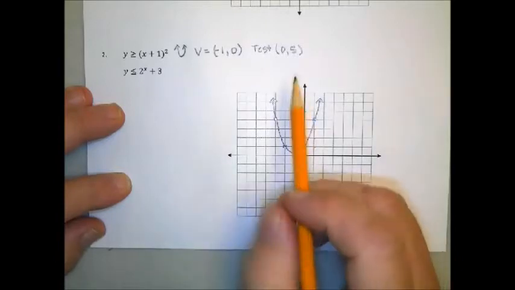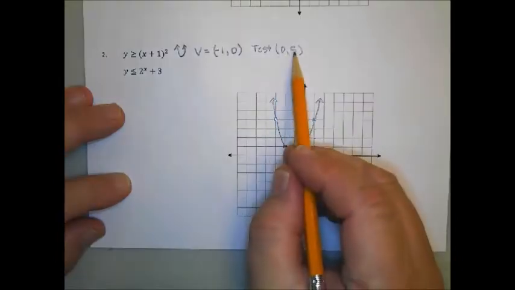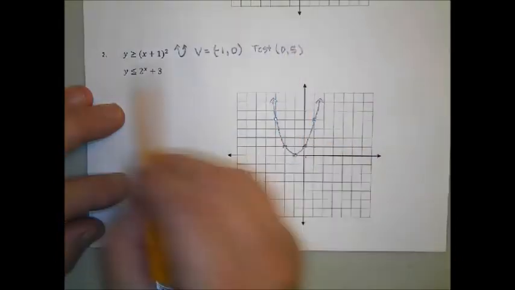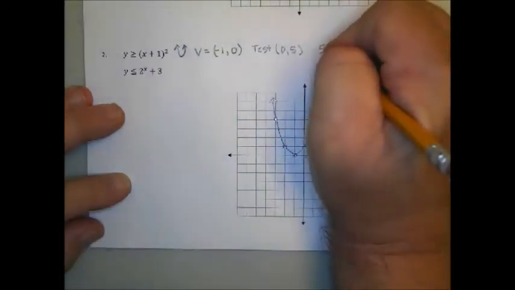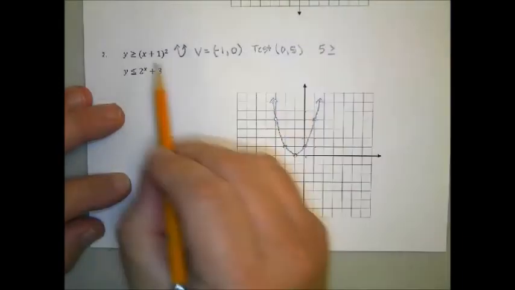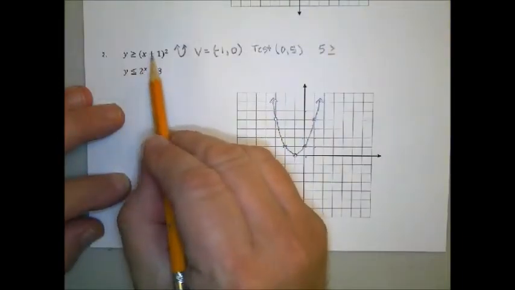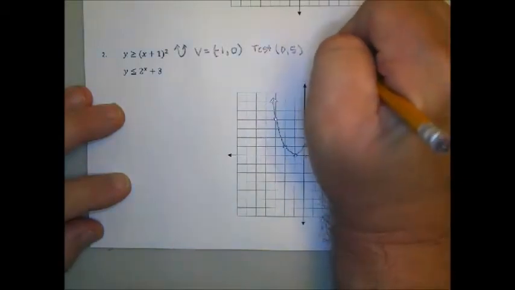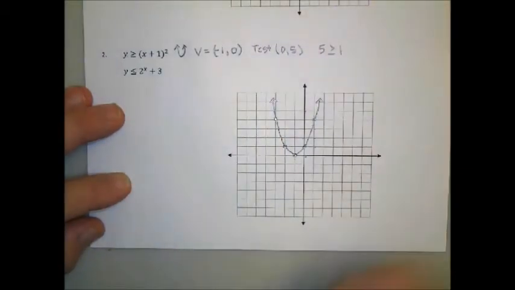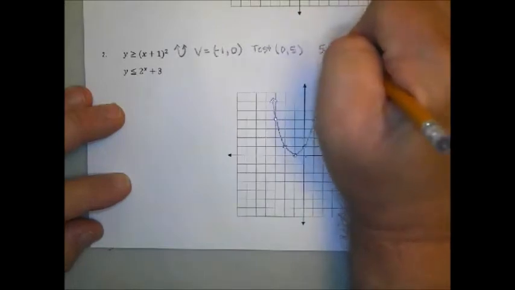Everywhere we see an x, we're going to plug in a 0. Everywhere we see a y, we're going to plug in a 5, which means this would read 5 is greater than or equal to 0 plus 1, which is 1, squared, which is still 1. So 5 is greater than or equal to 1, which is a true statement.